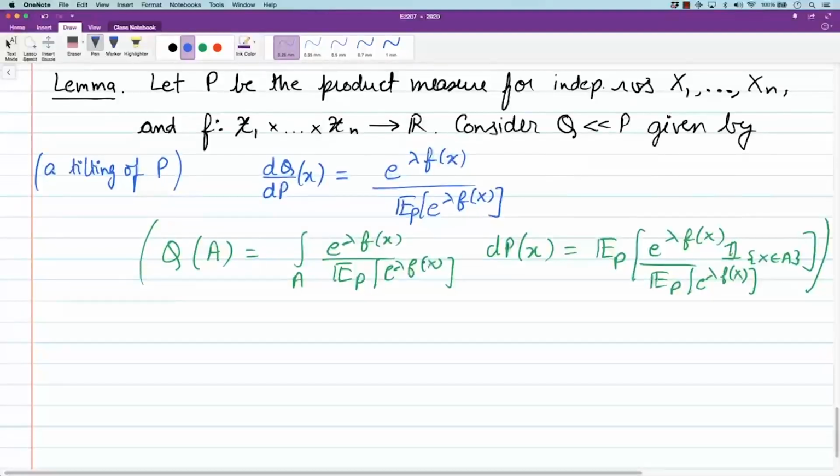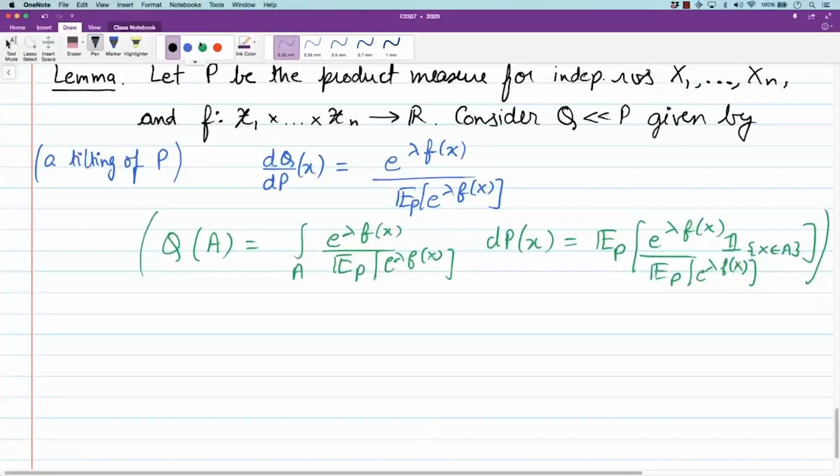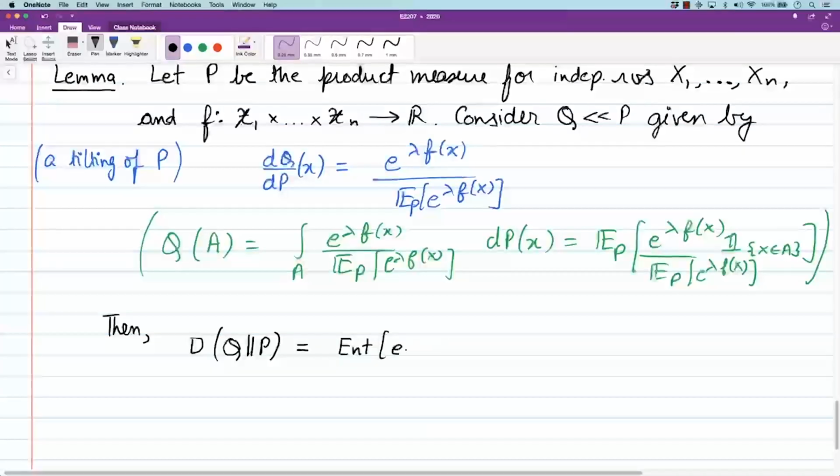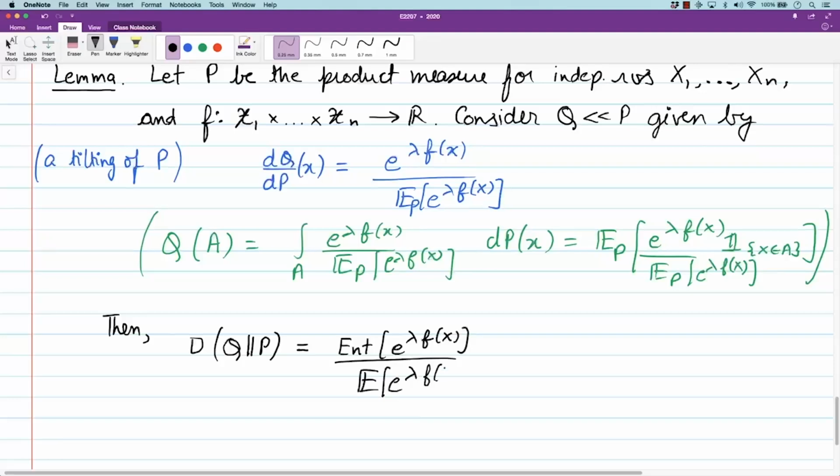Okay, so suppose you have this measure, then if you look at the divergence between q and p, that divergence is equal to the entropy of e to the power lambda f(x) by the expected value of e to the power lambda f(x).